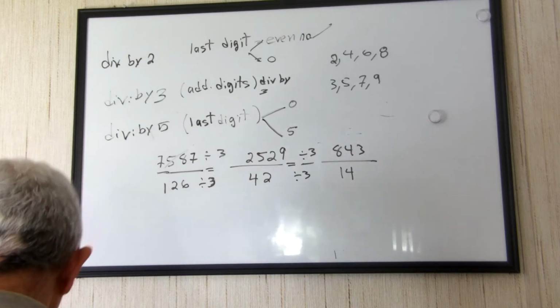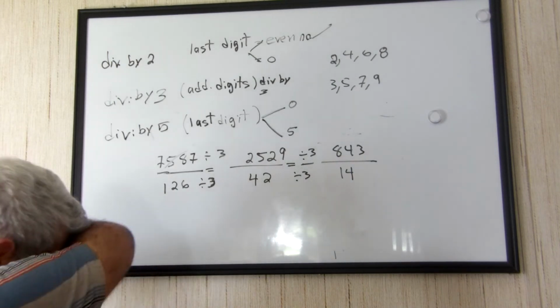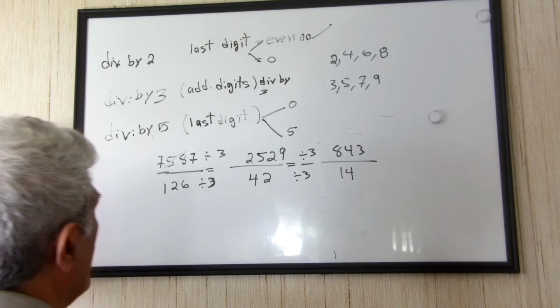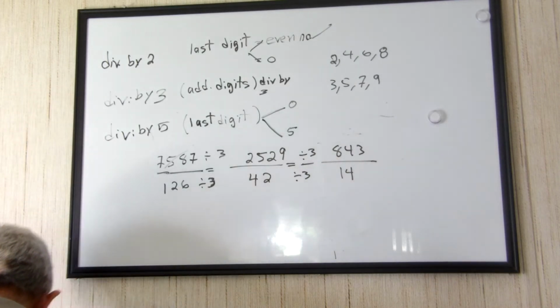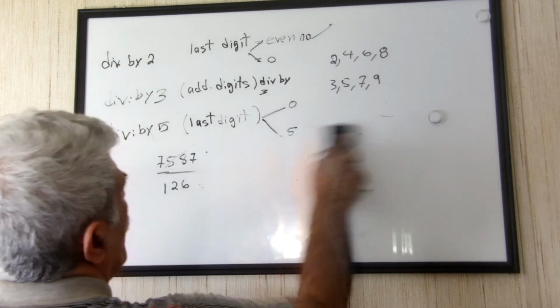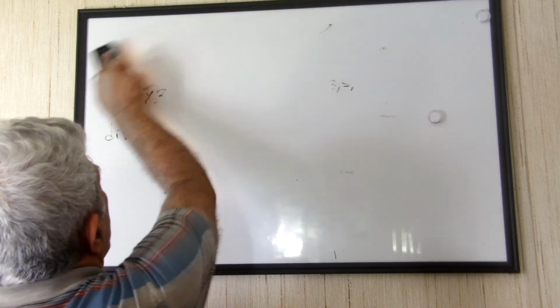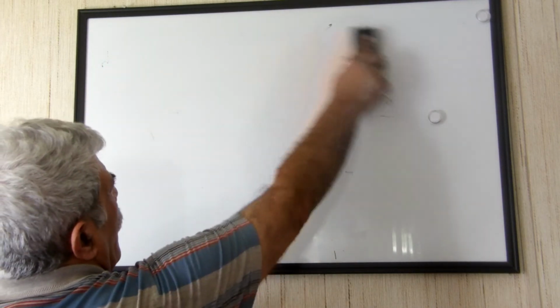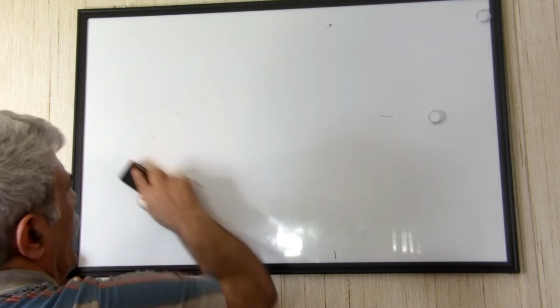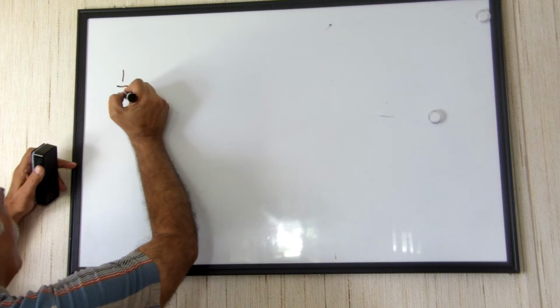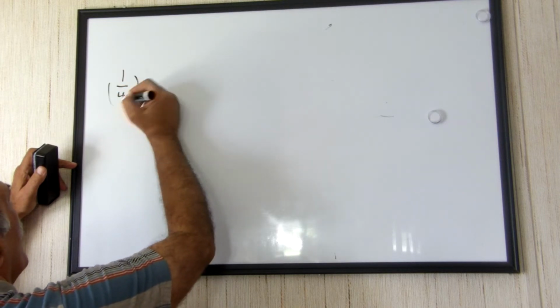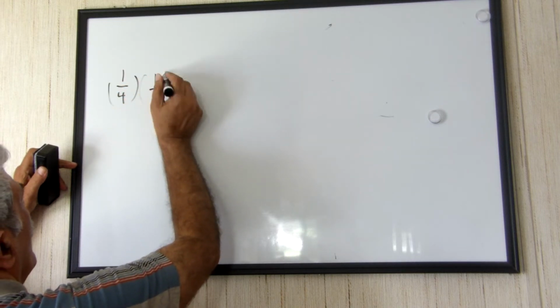There is something we should talk about when there is a fraction. We talk about it like 1 over 4 times 1 over 4.